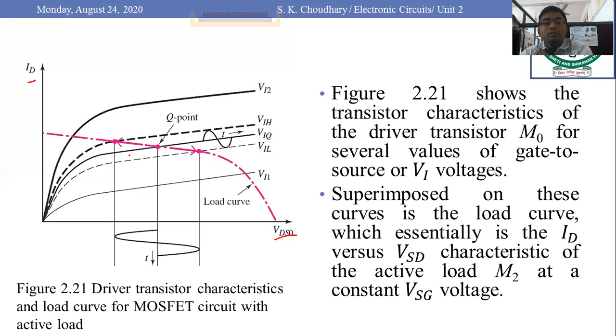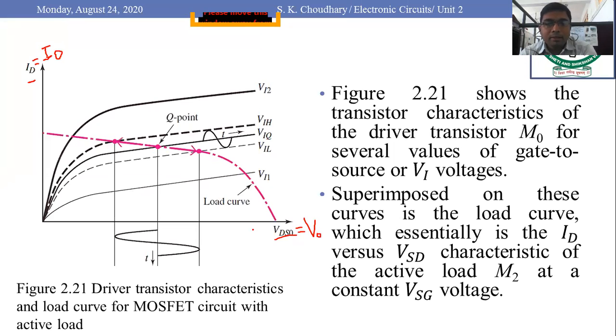Here our drain current is ID, which is also equal to I0 as per the circuit configuration, and output voltage is V0, that is equivalent to VDS0.